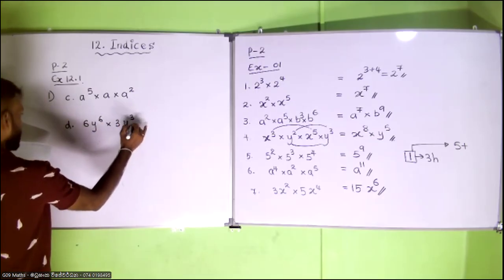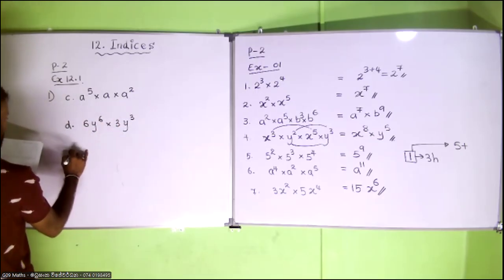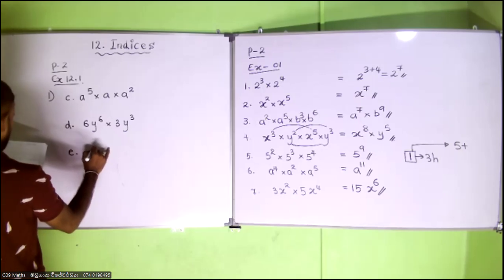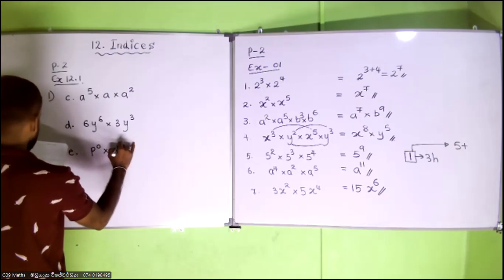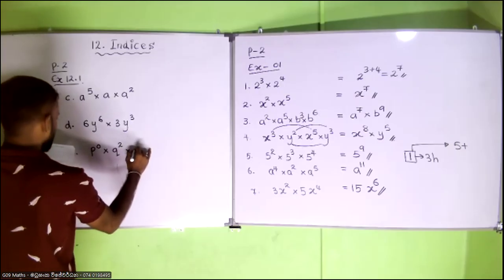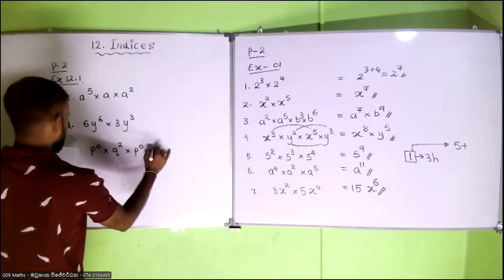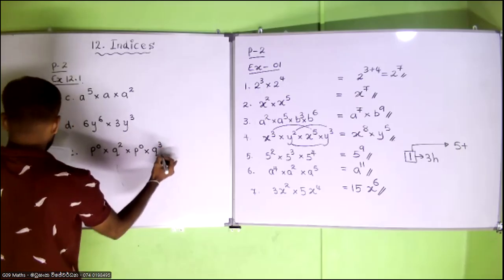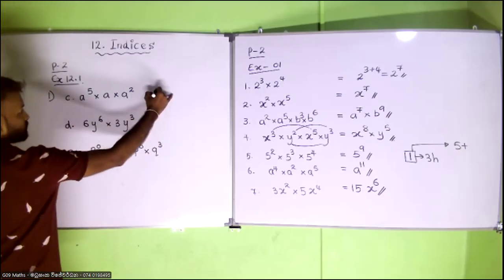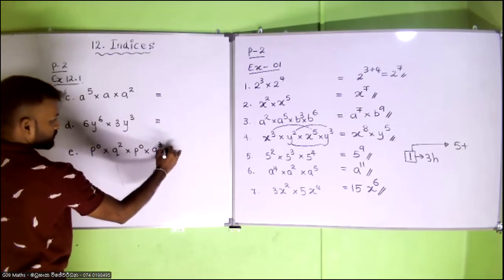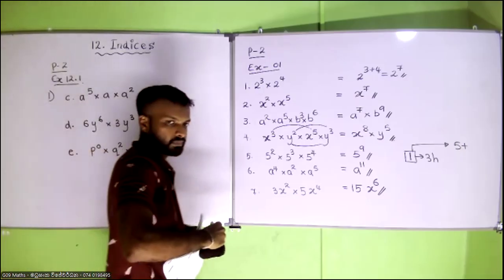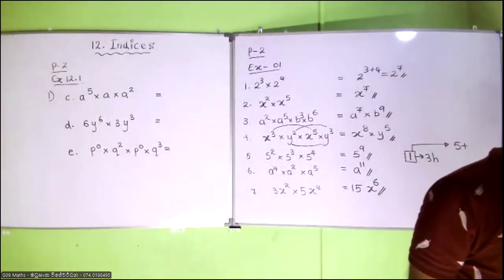Right, I need to see the answers for these. Do part E: P to the power 0, Q to the power 2, multiplied by P to the power 0, multiplied by Q to the power 3. Please send me the answers for this. Do it fast.